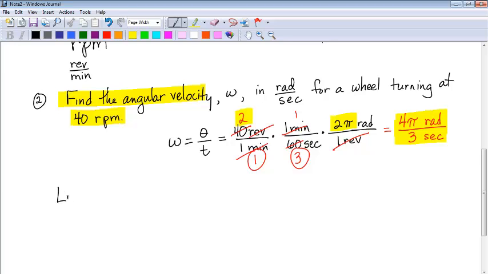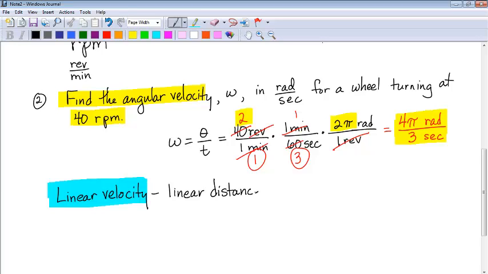This one is linear velocity. Linear velocity is the linear distance traveled by a point per unit of time.